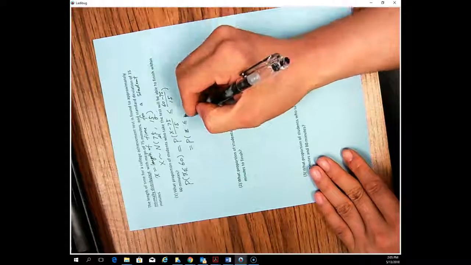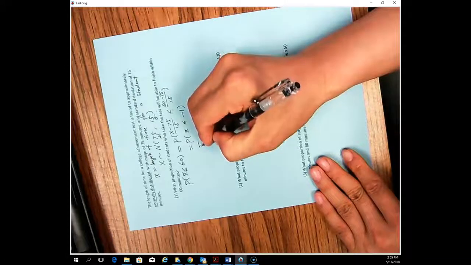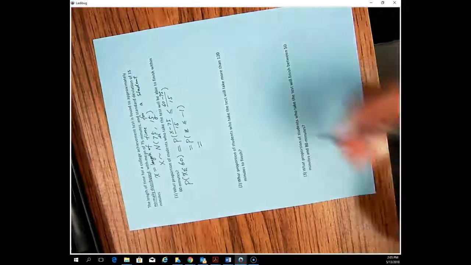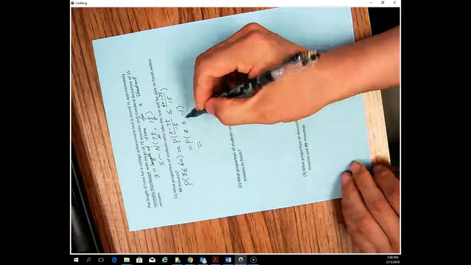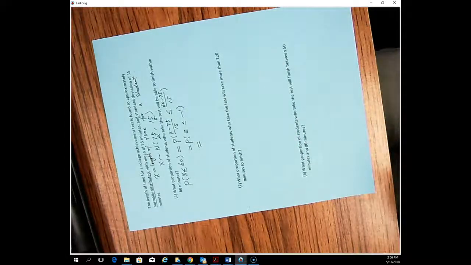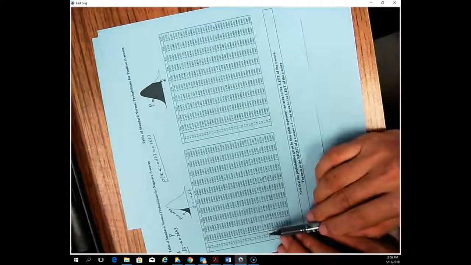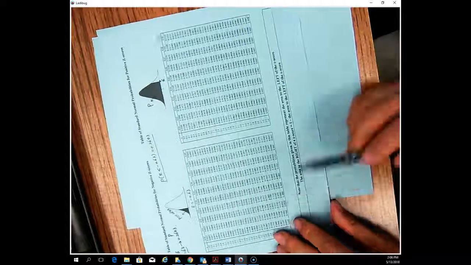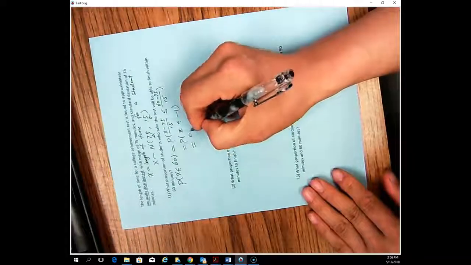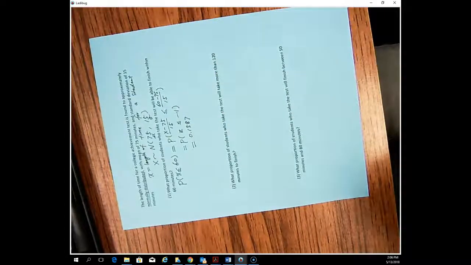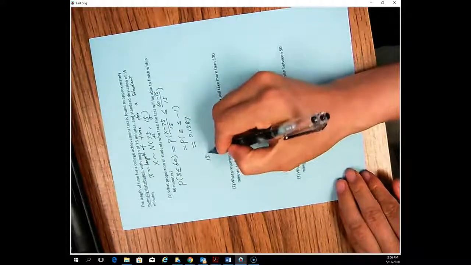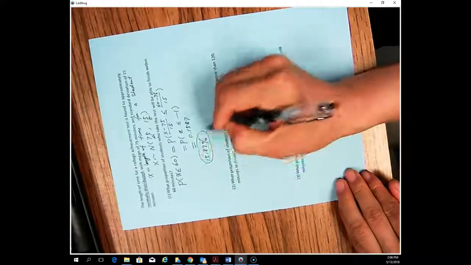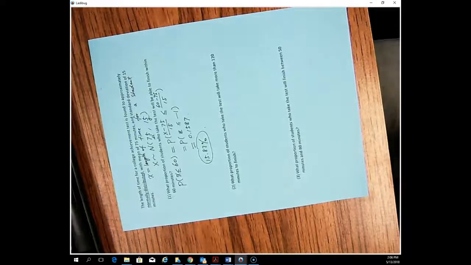Negative 15 divided by 15 is negative 1. Then since the sign is a smaller than sign, it's consistent with the z-table, so we can look up directly from the z-table. For negative 1, the probability is 0.1587. Okay. So about 15.87% of students will be able to finish within 60 minutes.